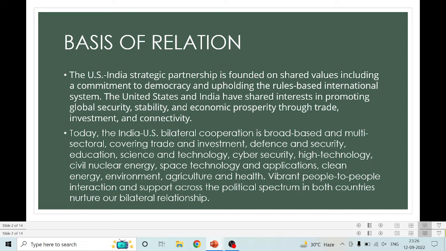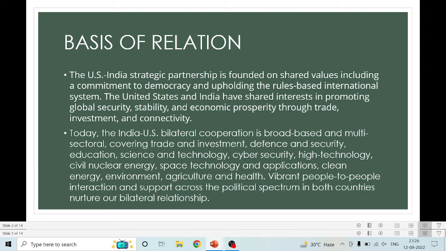Then they both want to have a rule-based international system. There should be rule-based order, and they want to promote global security. They both are against terrorism and extremism, and want stability in the world, economic prosperity through trade, investment, and connectivity.